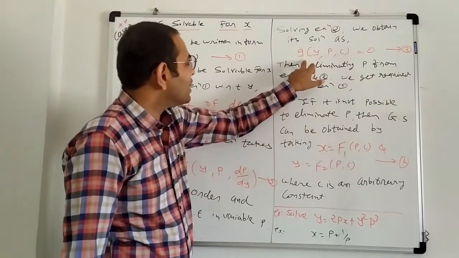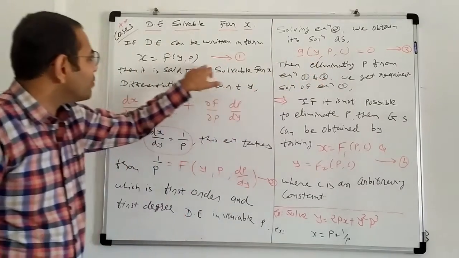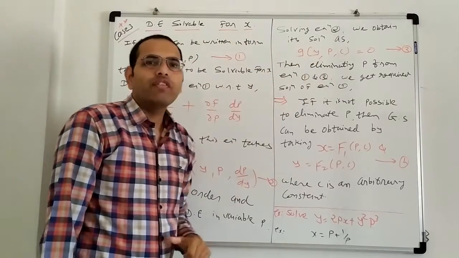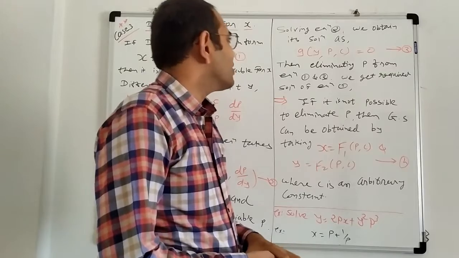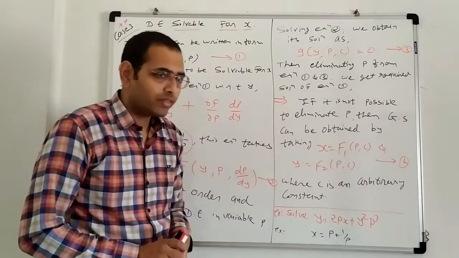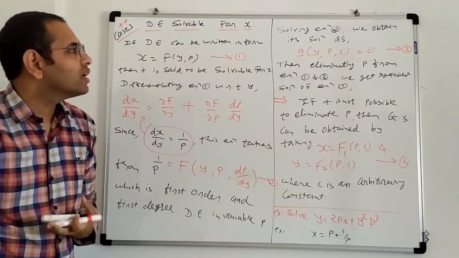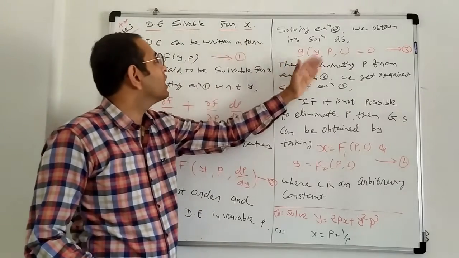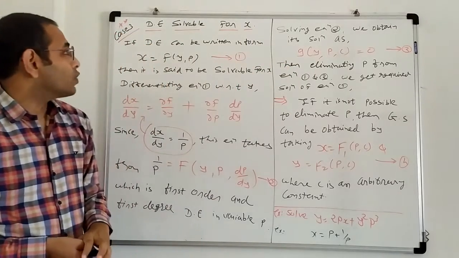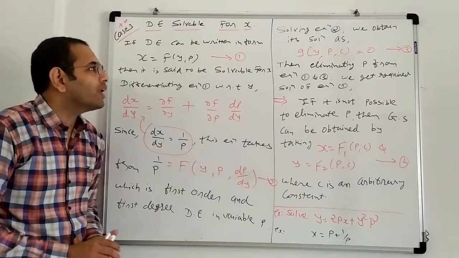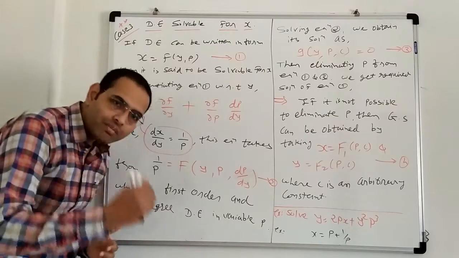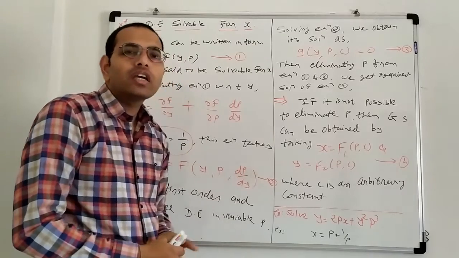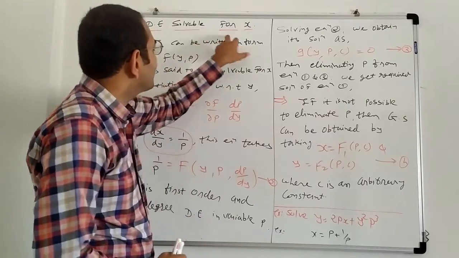Now eliminating p from equation 1 and equation 3, we get the required solution of equation number 1. That is the steps for solving a differential equation solvable for x.